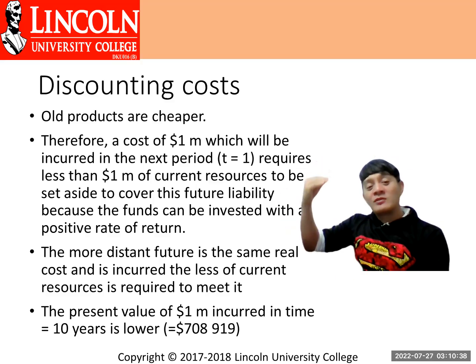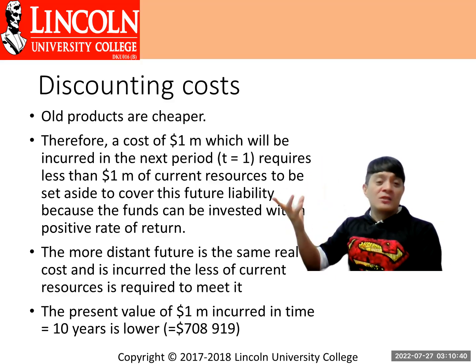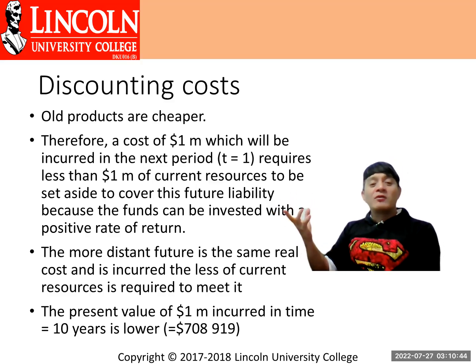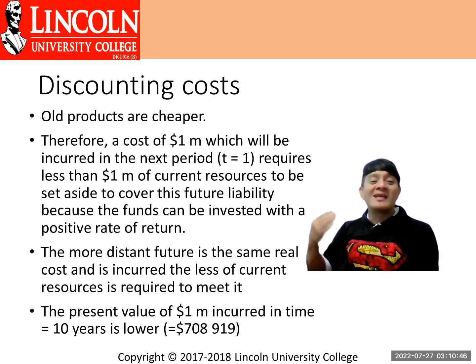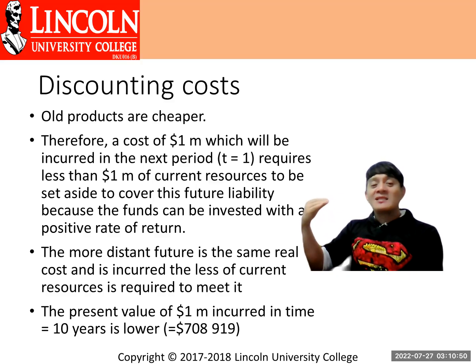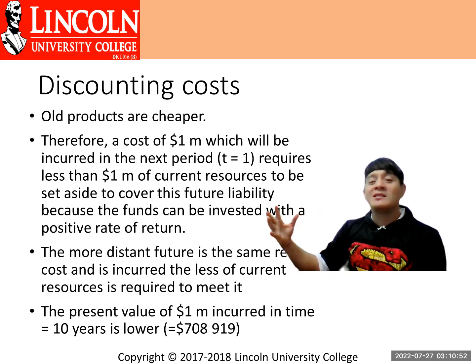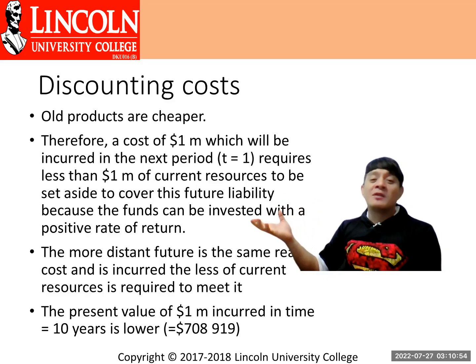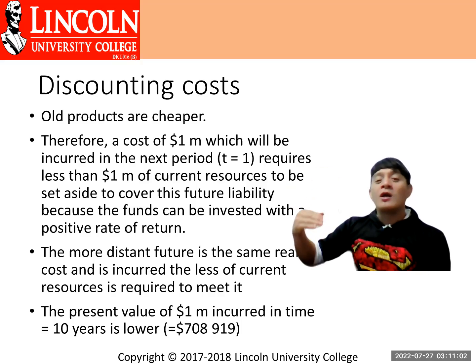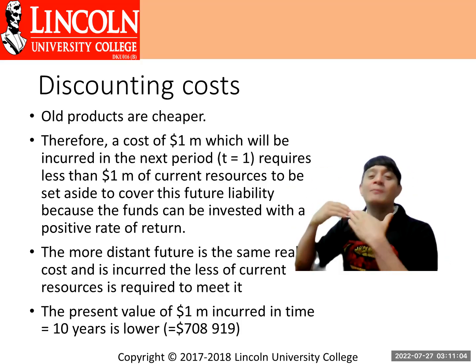Therefore, it goes down. A cost of $1 million which will be incurred in the next period of a year requires less than 1 million of current resources to be set aside to cover the future liabilities. That means it becomes a liability. And because the funds can be invested with a positive rate of return, you have to put it lower instead of wasting money.